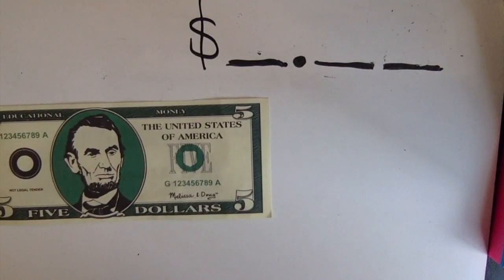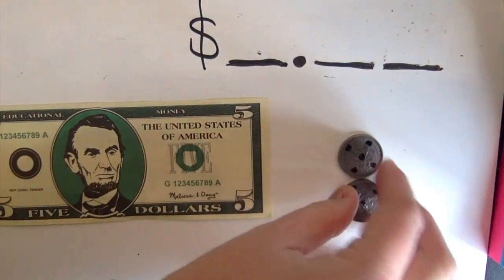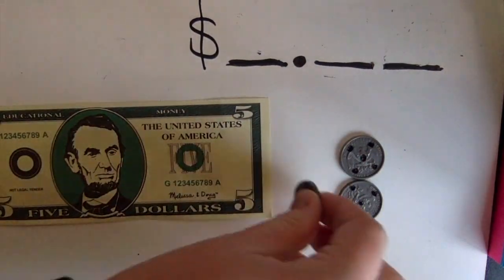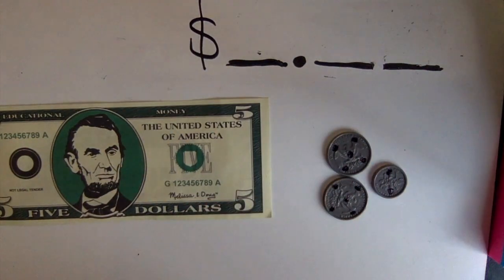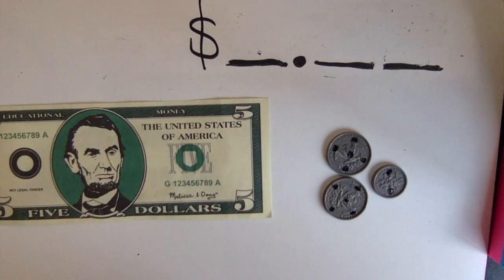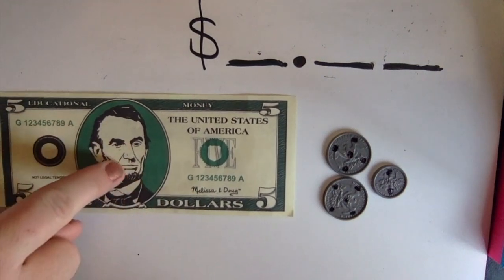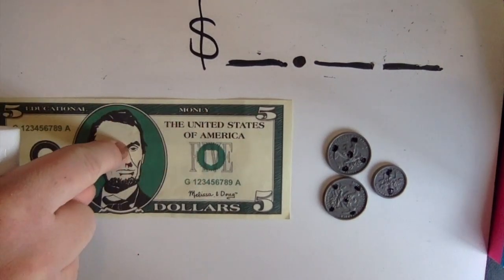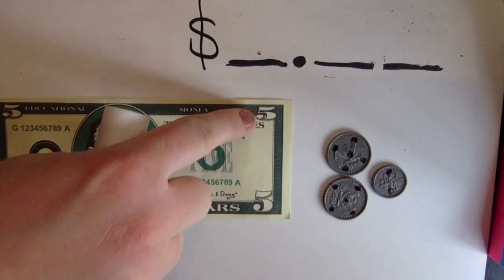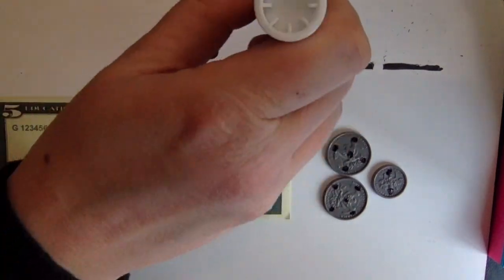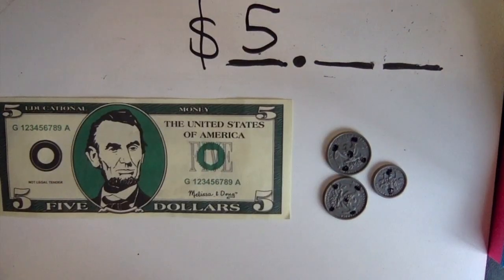Okay, let's try another one. All right, so now let's say that we have this problem. Okay, so how many dollar bills do we have? Well, we have $5. This is a $5 bill. We don't have to count anything because it tells us right on it, and there's just one of them. So we're going to write $5.